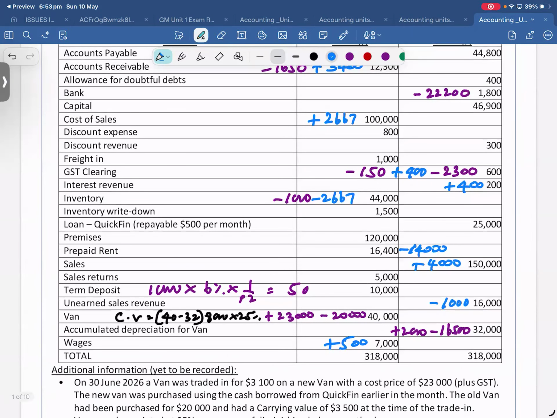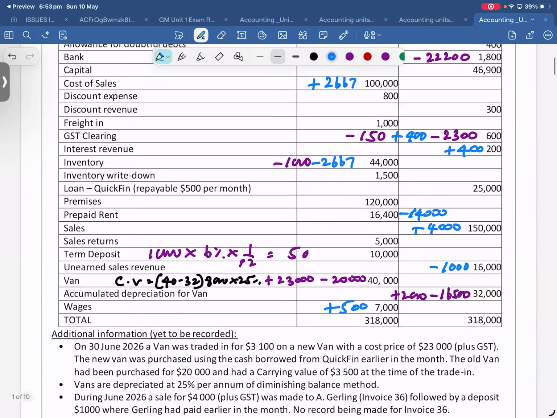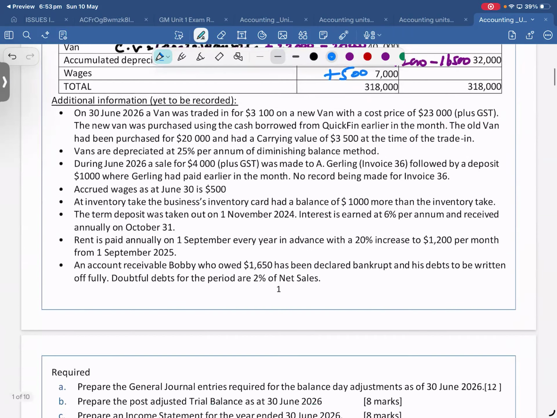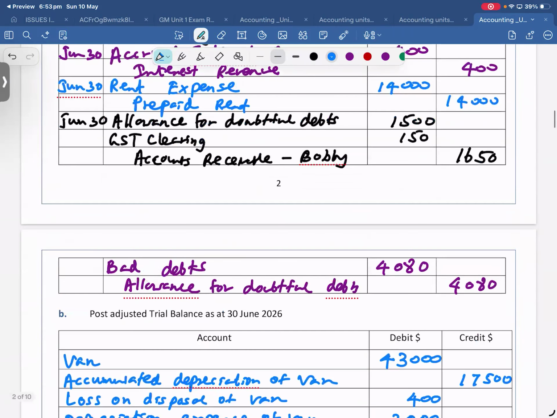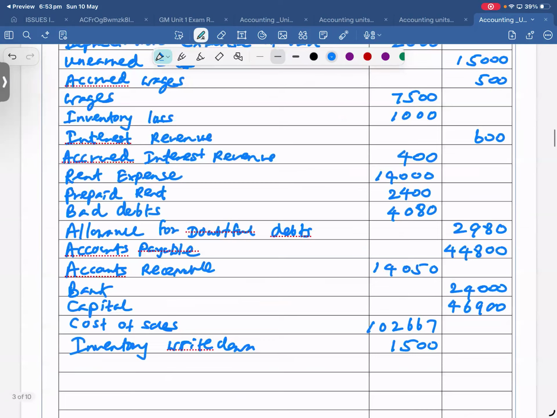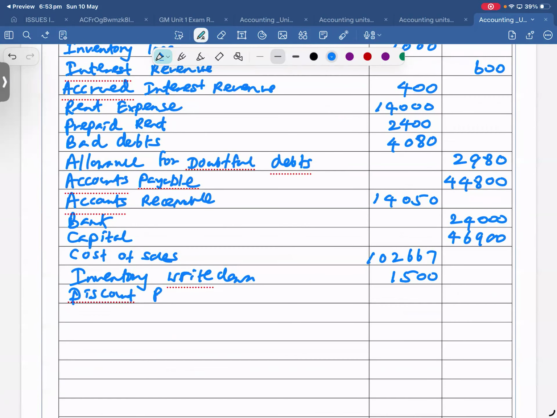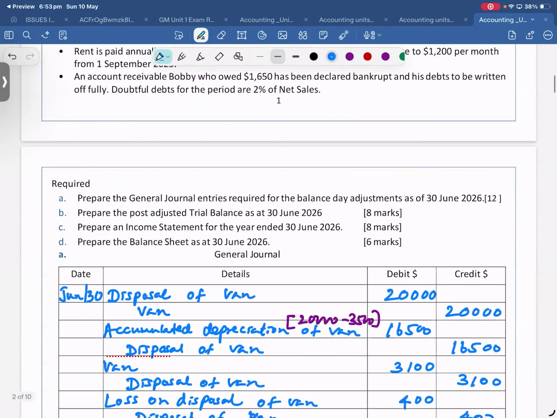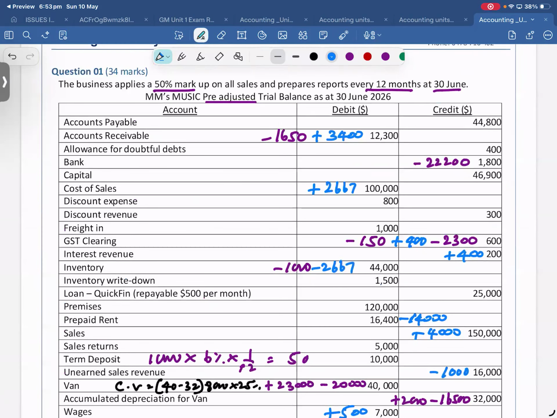Next one is discount expense 800, discount revenue 300, and then freight in 1,000.